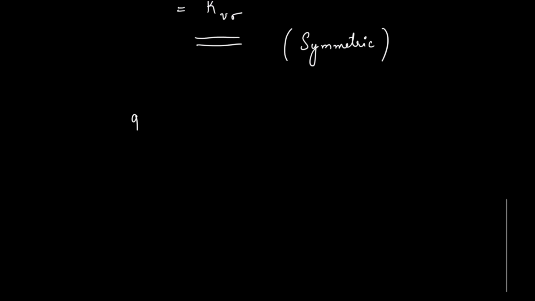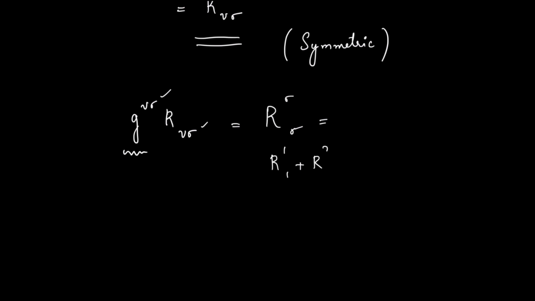I am going to multiply the Ricci tensor R_{νσ} with the fundamental metric tensor g^{νσ}, so I will get R^σ_σ, which is a scalar quantity because this will be R_{11} plus R_{22} plus R_{33}, sorry, R_{00} also there.